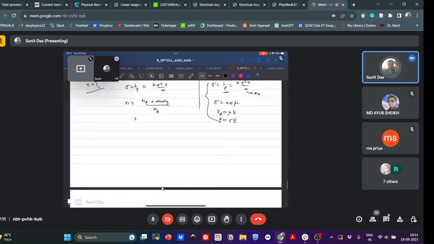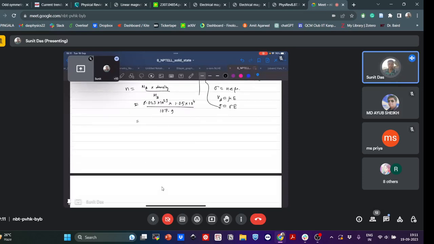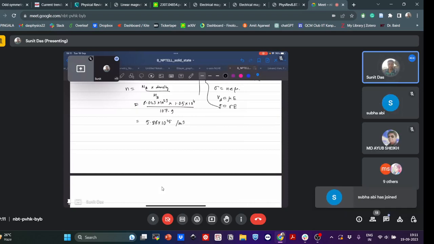So it will be density 1.05 into 10 to the power 4 by atomic mass 107.9, which comes out to be about 5.86 into 10 to the power 28 per meter cube.